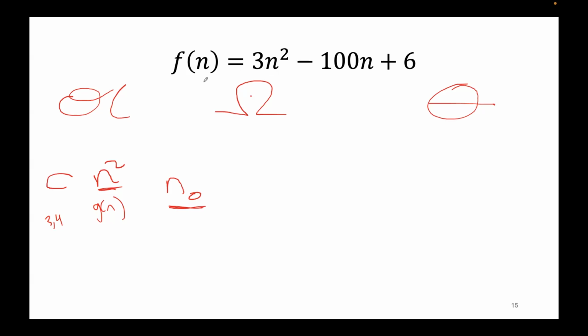So if someone wants to get out their calculator, let's say 3n squared, and let's look at n of 50, 100, and 150.